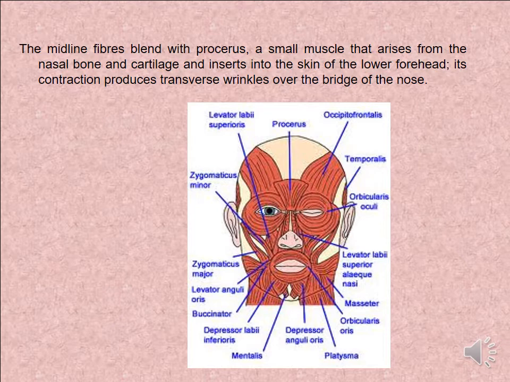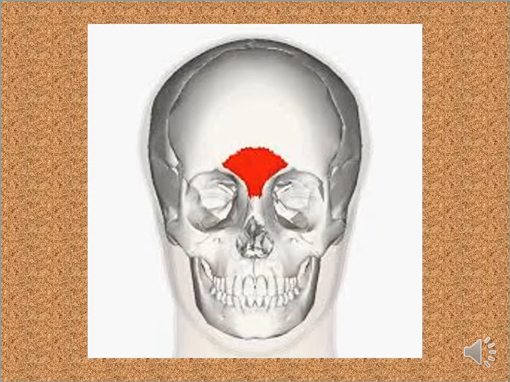Its contraction produces transverse wrinkles over the bridge of the nose. It is located between the two parts of the frontalis muscle. This figure shows the small muscle in the middle of the forehead, from the nasal bridge upward.